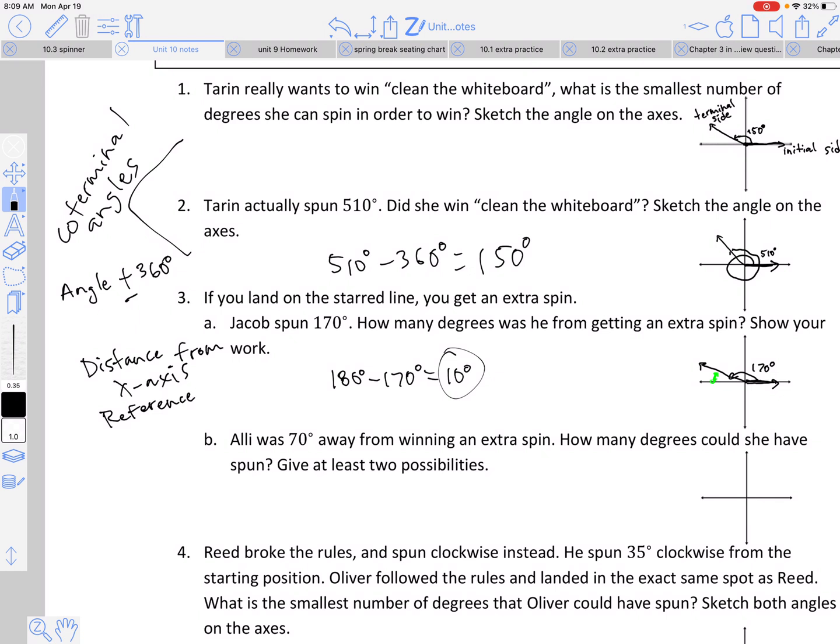Your distance from the x-axis is your reference angle. So we'd say we're 10 degrees from the x-axis. That just gives us a reference of where we're at, right?